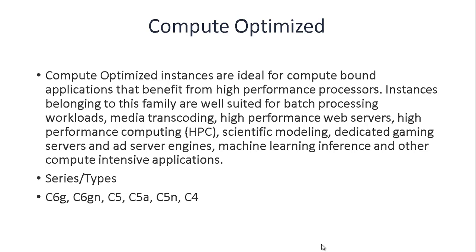So compute optimized is nothing but a family where we get instances with high power CPUs, and the series and types under compute optimized are C6G, C6GN, C5, C5A, C5N, and C4.